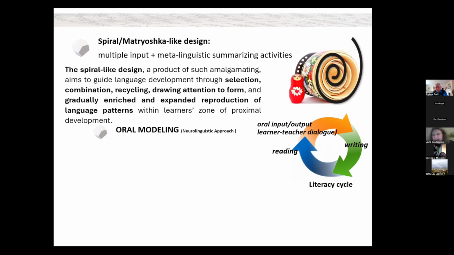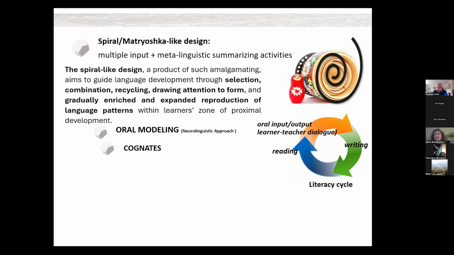You can see here that this approach suggests a design feature such as a literacy cycle based on oral input-output within a learner-teacher dialogue, followed by writing activities and reading activities, coming back to the oral discussion.